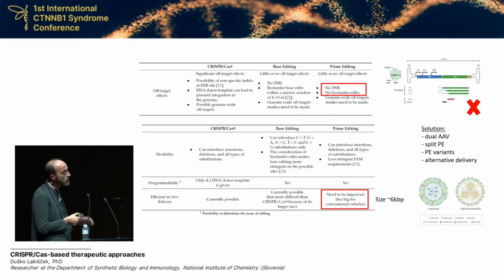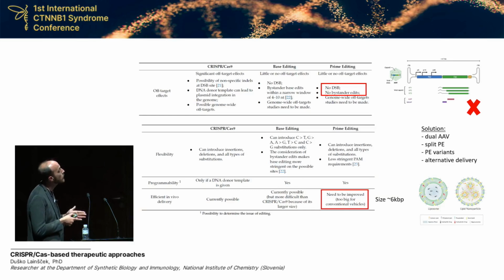Conventional approaches like AAVs, currently used for gene therapy, cannot be used because prime editors are too big to be packed within a single AAV. Researchers are therefore trying to find different ways to efficiently deliver prime editors to the targeted cells and organs.